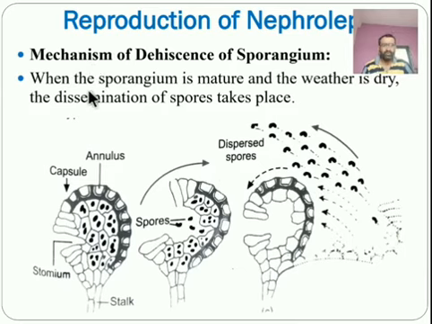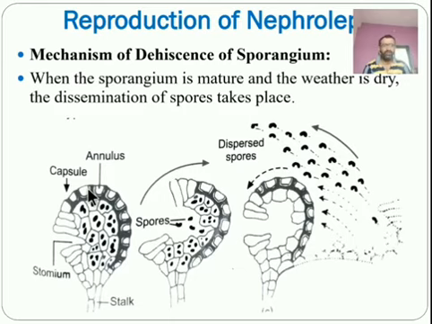When the sporangium is mature and the weather is dry, the dissemination of spores takes place. In dry weather, this process can proceed. Here, this is the annulus, and the stomium plays a very important role in the dehiscence of the sporangium.